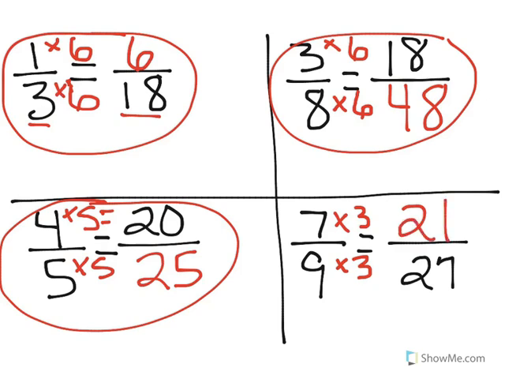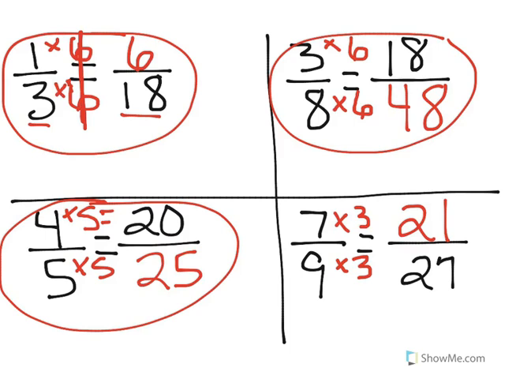This is what I do: I always double check to make sure. Did I multiply my numerator and denominator by the same number? If I look at the top left, I did multiply both by 6. So I put a big slash like that, and that represents one whole.